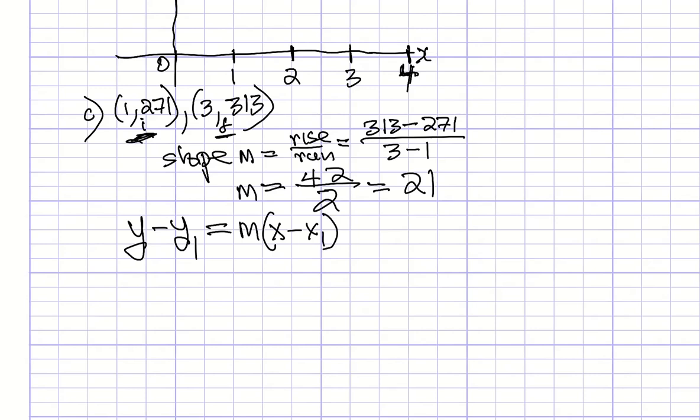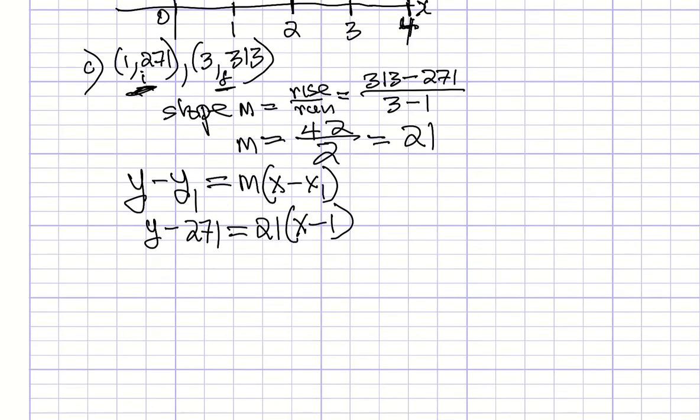So we use that. y minus 271 is equal to slope 21 times x minus x1, which is 1. Okay, we clear that out. We'll get 21x minus 21, that's y minus 271.